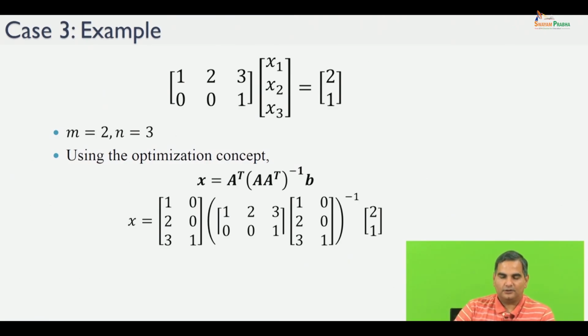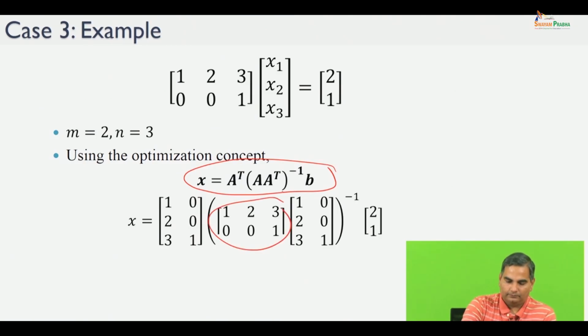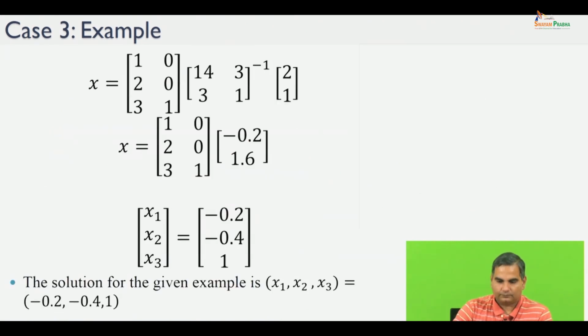So the optimization solution from the previous slide is the following: x equal to A transpose times the inverse of A A transpose times b. Now A is [1 2 3; 0 0 1], A transpose is this, I take an inverse of A A transpose, and b now is [2; 1]. When I do some more algebra, I finally get a solution for x1, x2, x3, which is the following, and we had already seen that x3 equal to 1 has to be a solution because the last equation basically said x3 equal to 1.